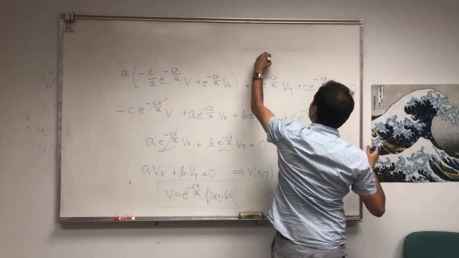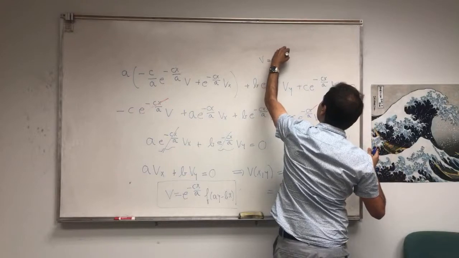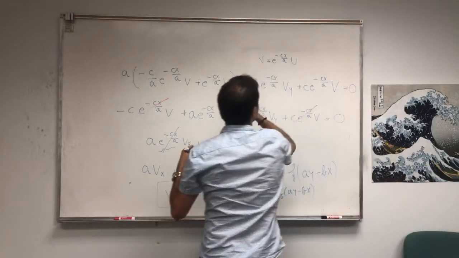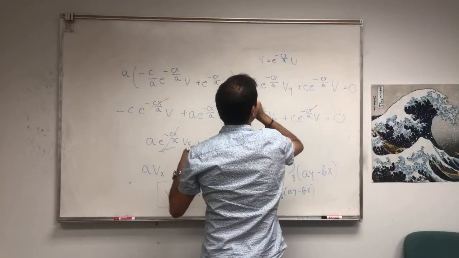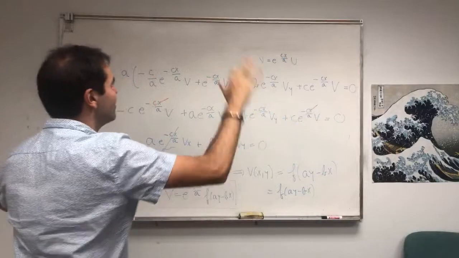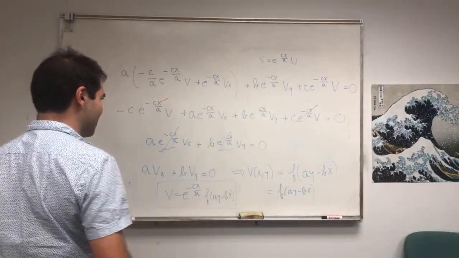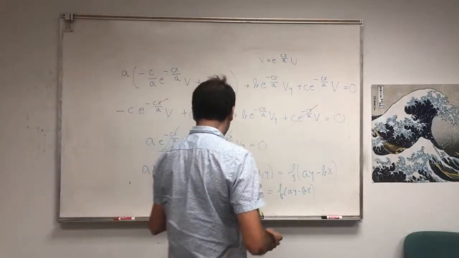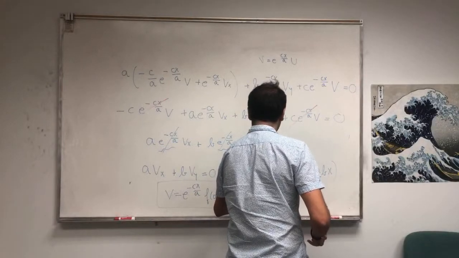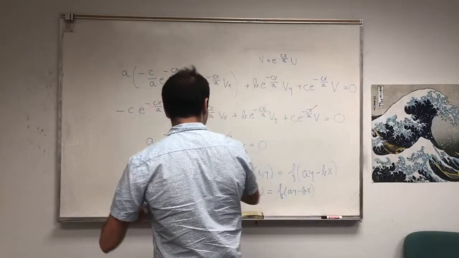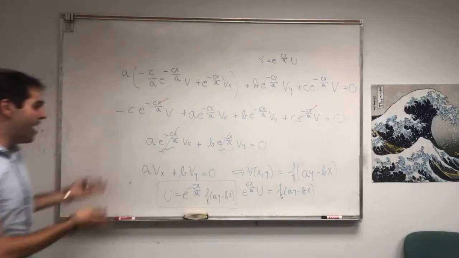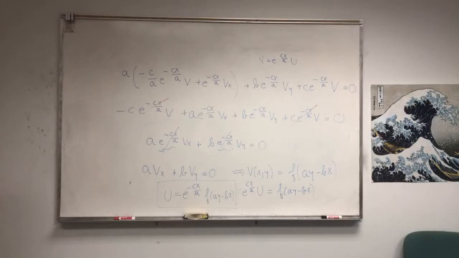So V is E of Cx over A U, so U is E of minus Cx over A V. So U equals that, so U indeed is equal to this, and you have the solution of your PDE.